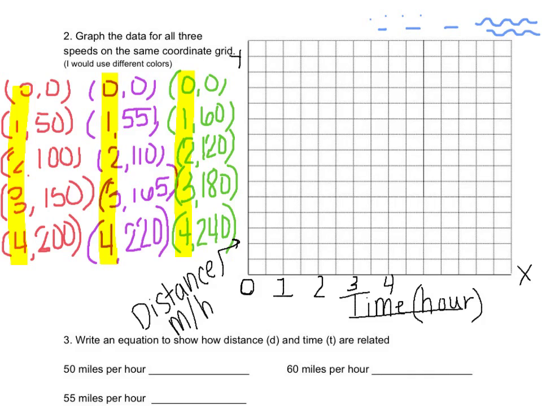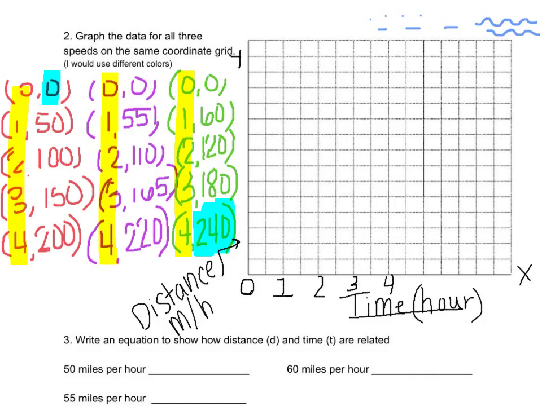Now it gets a little bit more complicated when we want to talk about the y-axis here, because now all of a sudden I have everything from 0 right here to 240 right there. So I've got a bigger span of numbers.